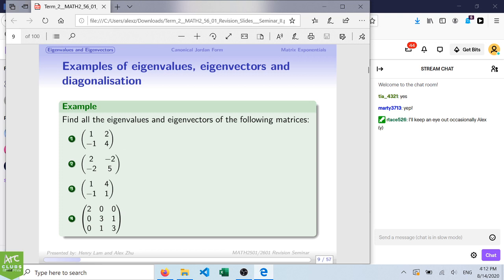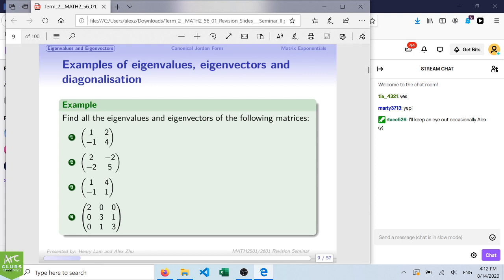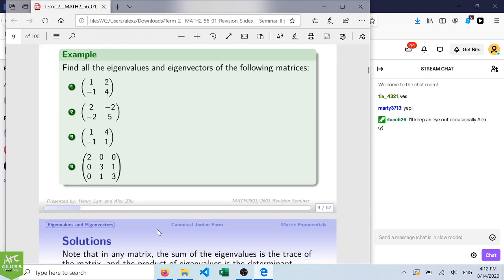Our goal here is to find the eigenvalues and eigenvectors. To find eigenvectors, you need to find eigenvalues first. Pretty much all you need to do is take the determinant of A minus lambda I, and that's how you get the characteristic polynomial. Each of these questions is exactly the same, so let's see how we're going to do that.